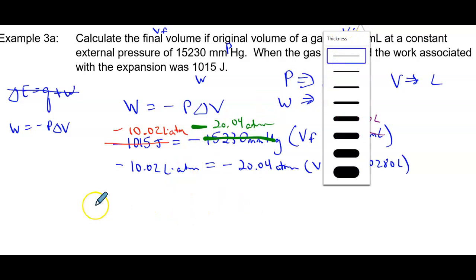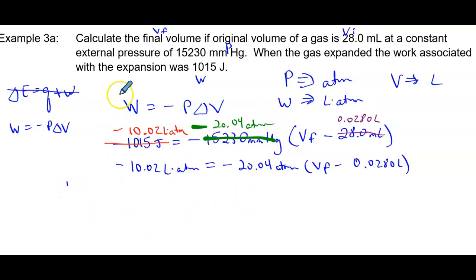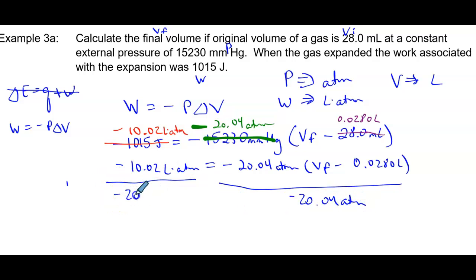Okay, so let's look at the math here now. I know that some of you will want to distribute. That's what you're used to doing in math class, but there's no reason to do that, and actually it makes the problem more difficult. I can likewise just divide both sides by negative 20.04 ATM. Both sides, just thinking of basic algebra.